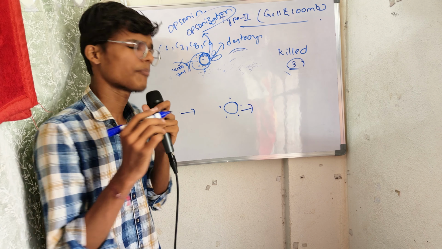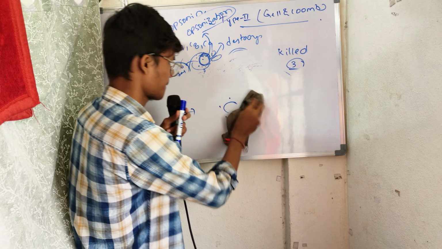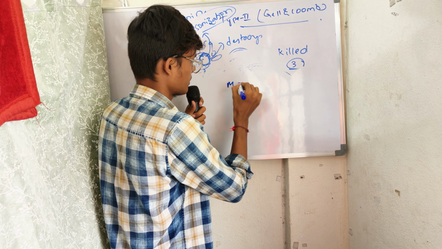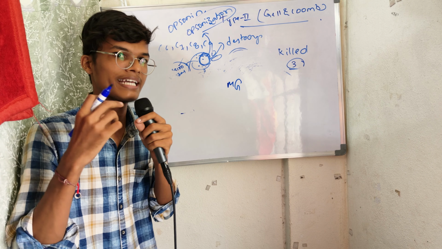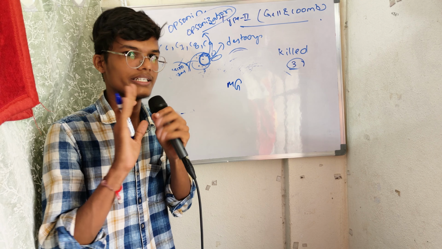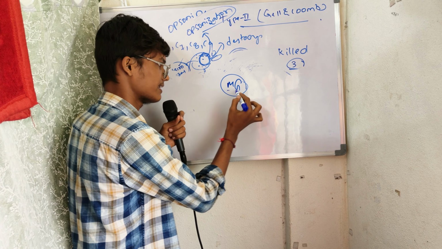So it is not compulsory that it should die. See, for example, in myasthenia gravis, it is not compulsory that in type 2 hypersensitivity the cells surely die. It's not like that.